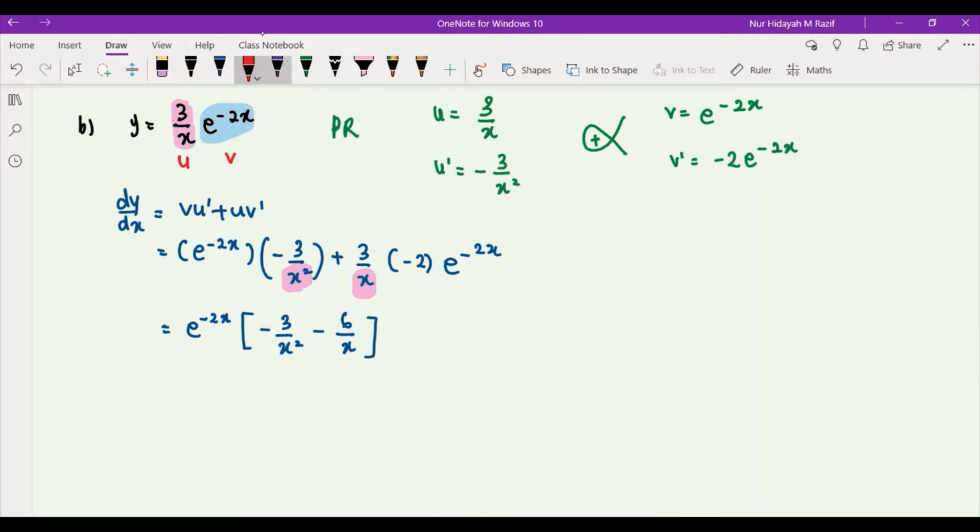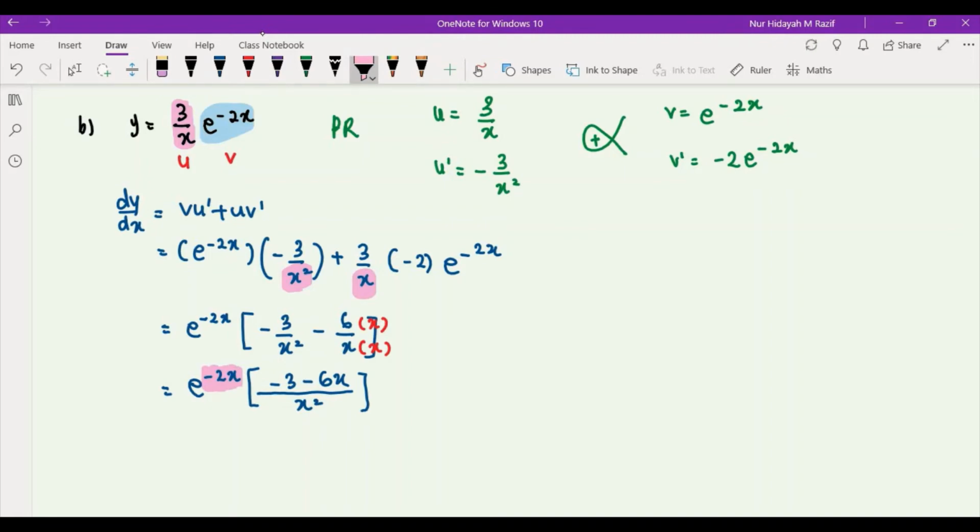And from there, we can equate our denominator. So this one will be multiplied by x on the top and bottom. And then I will have e power of negative 2x multiplied by negative 3 minus 6x over x squared. And I would like to remind you that please make sure the power will be positive there.